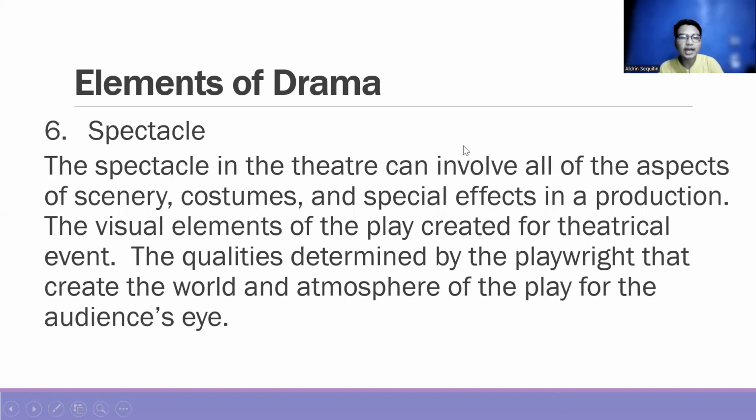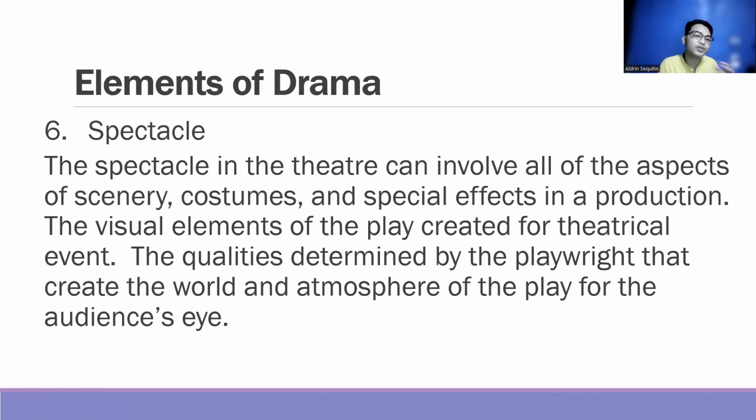And then lastly, we have the spectacle. So the spectacle in theater can involve all of the aspects of scenery, the background, the costumes, the clothing that the characters are wearing or the actors are wearing. It also includes the special effects in the production, the props, and so on and so forth. So the visual elements of the play created for theatrical event.